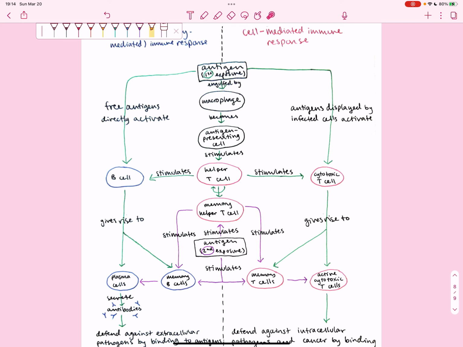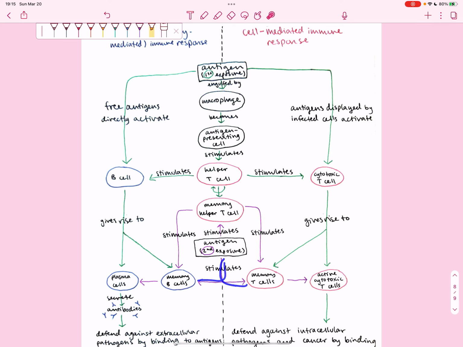So, all right, let's go then to your second exposure to this antigen. It stimulates your memory helper T-cells, which then stimulates your memory T-cells, which stimulates production of active cytotoxic T-cells here, and then also stimulates memory B-cells, which stimulates more plasma cells to be made and more antibodies to be secreted.